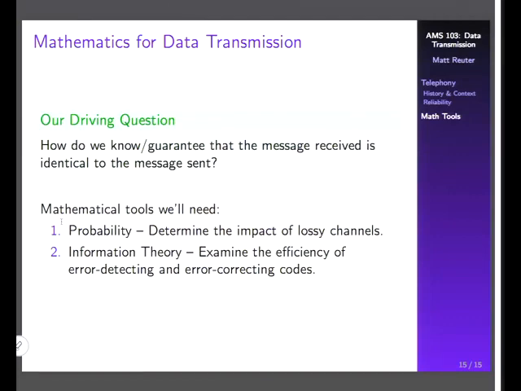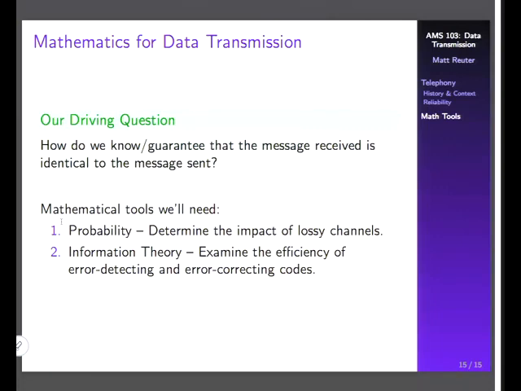And the two math tools we'll need: one, a little bit of probability and statistics, where we can try to determine the impact of a lossy channel. Because if the channel's mostly pretty good, that might lead us to a different problem-solving technique than if the channel's really cruddy. If we can understand how many errors we expect in a message, that can help guide us to determine how to correct for that.